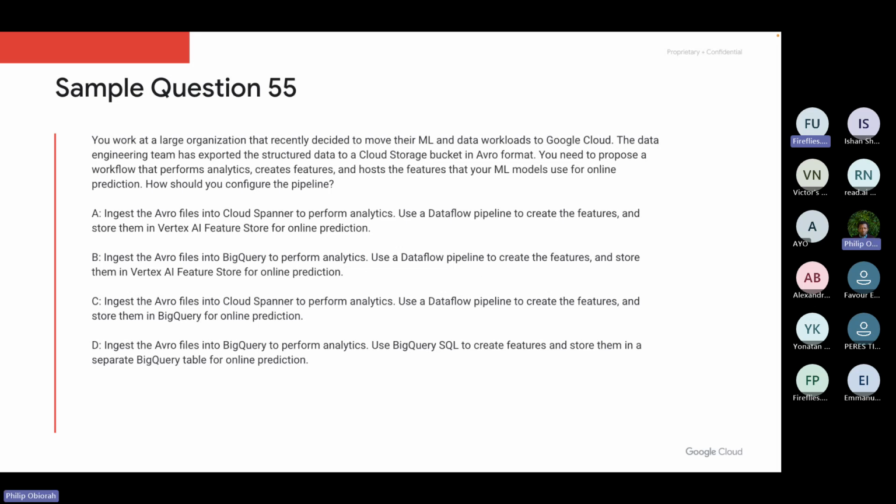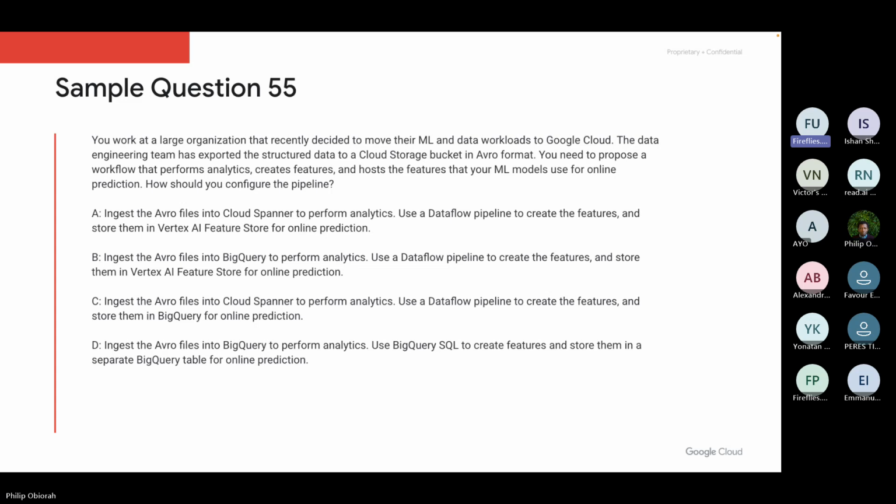That's the first thing you need to know, right? Cloud Spanner is built for transactional workloads like banking ledgers. It's expensive and not optimized for large-scale analytics. So this rules out A, because we want to do analytics on data. It's an analytical workload we are talking about here.